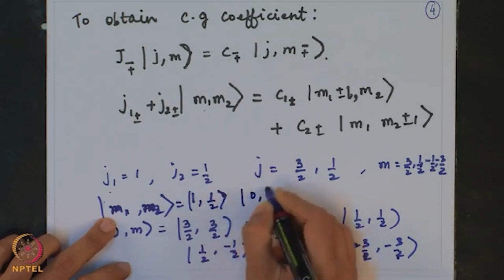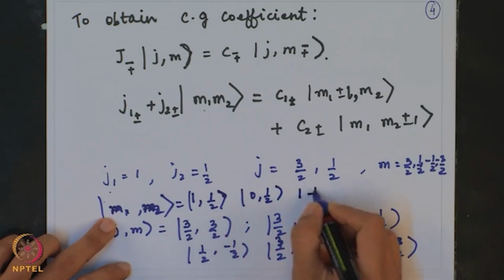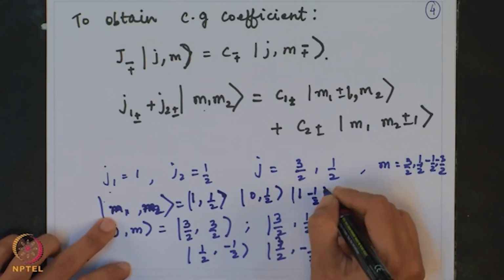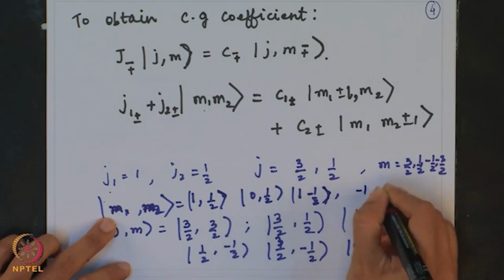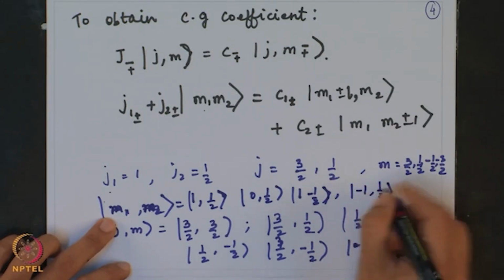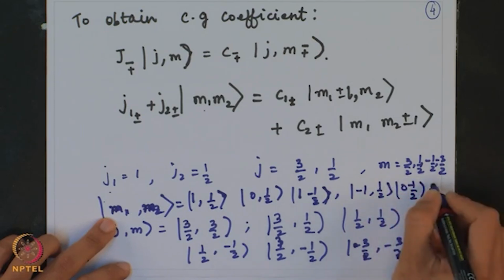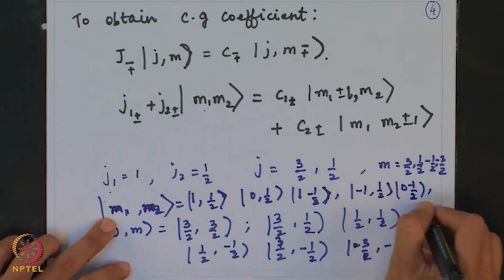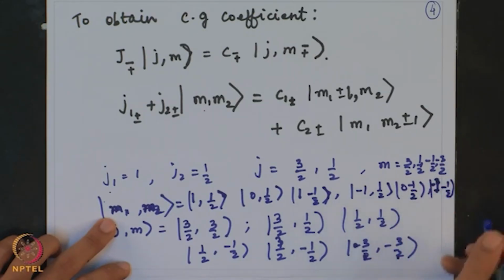The second will be 0 and half, then the third will be 1 and minus half, then the fourth you can have minus 1 and half, or you can have 0 and minus half, or you can have minus 1 and minus half. So, that will give me minus 3 by 2.